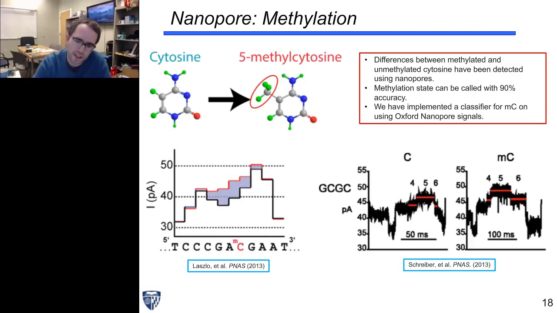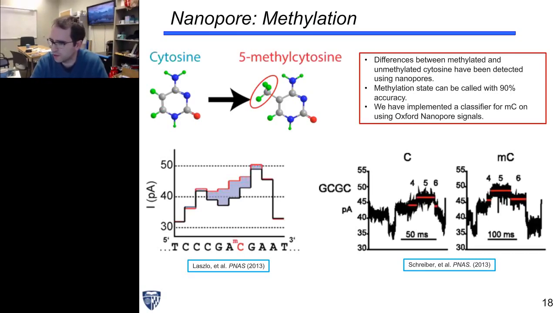Shown on the left is the current for a methylated sequence in red versus the unmethylated sequence in black. You can see a relatively significant change in the current. And the same is shown over here on the right, where you can see the profile for a methylated cytosine versus an unmethylated cytosine.